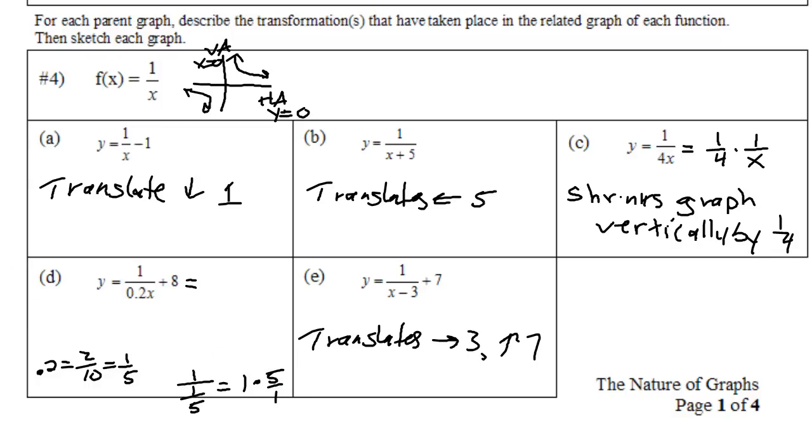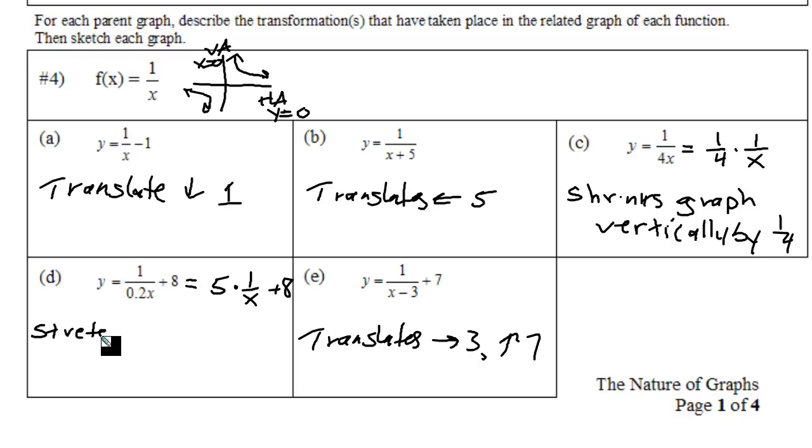This is actually a 5 here. So this problem is actually 5 times 1 over x plus 8. This 5, or this dividing by 0.2, stretches the graph vertically by 5. The 8 translates the graph up 8.